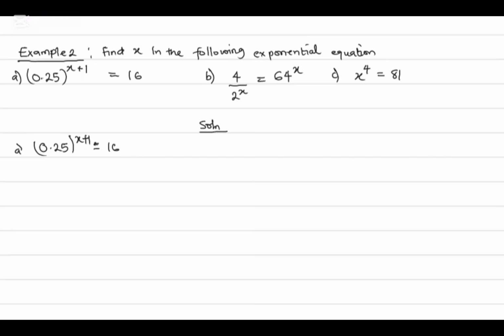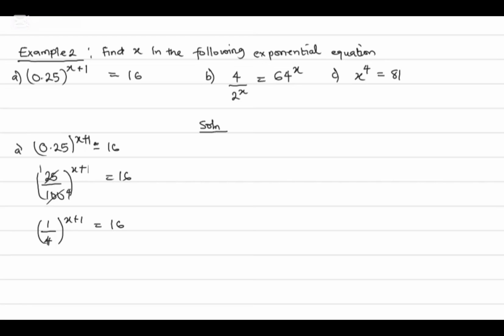So decimal to fraction, that will be 25 over 100, all raised to power x plus 1 being equal to 16. I know that 25 goes into 25 once, and 25 goes into 100 four times. So I'm left with 1 over 4 exponent x plus 1 being equal to 16.